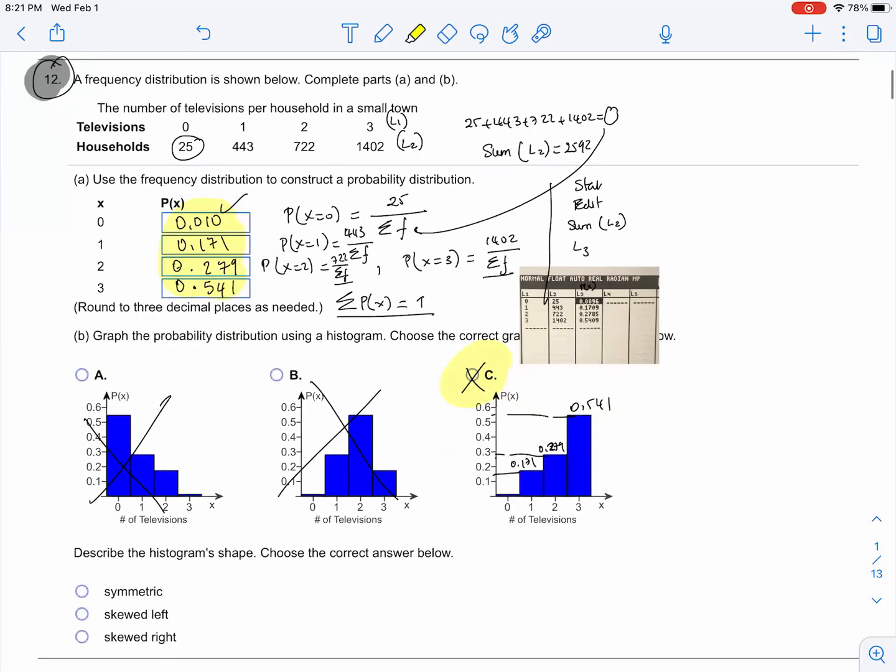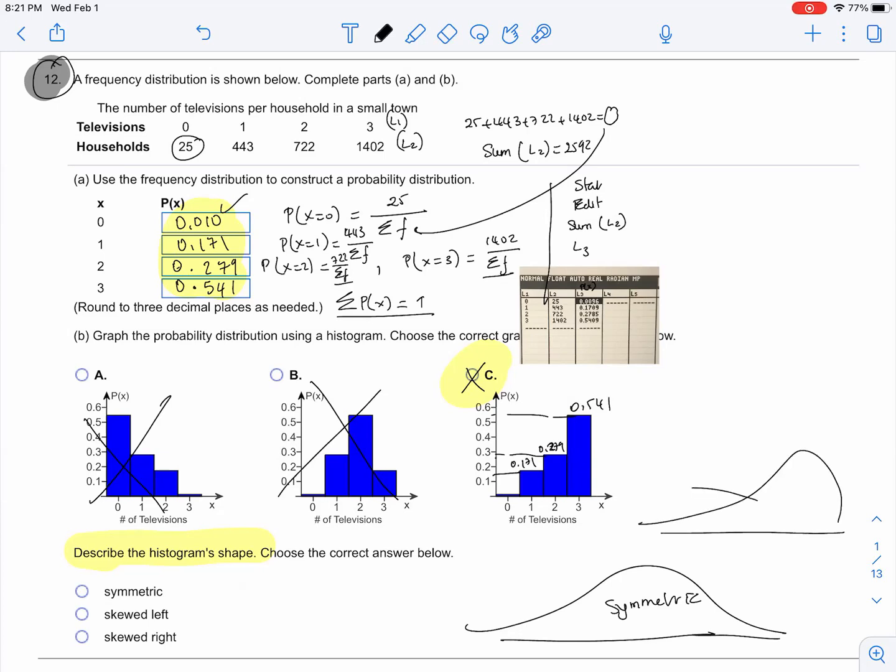And then it's asking for the shape of the histogram. Remember, you have multiple shapes, but when you look at it, if it's like so, this is symmetric, and that's not what we have. If you have something where the tail is on the left, that's going to be skewed to the left when your tail is on the left.